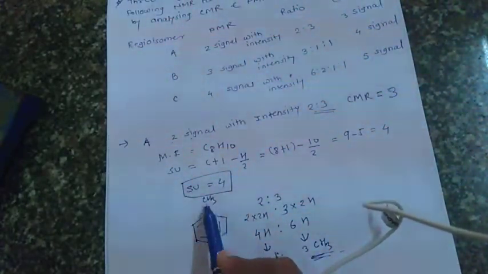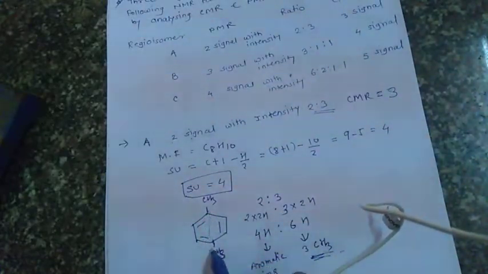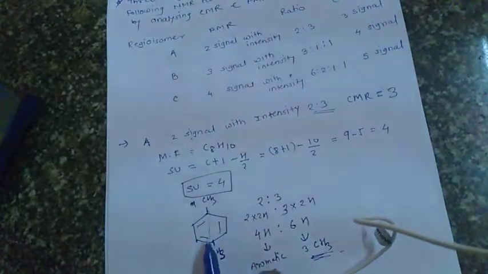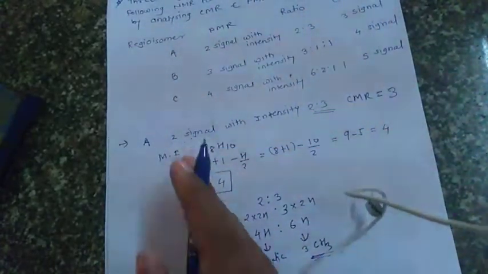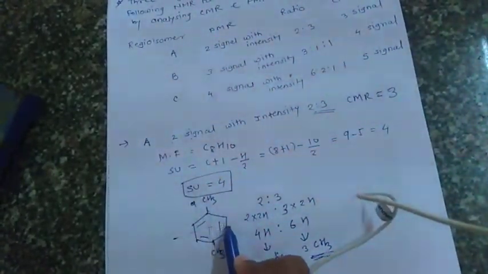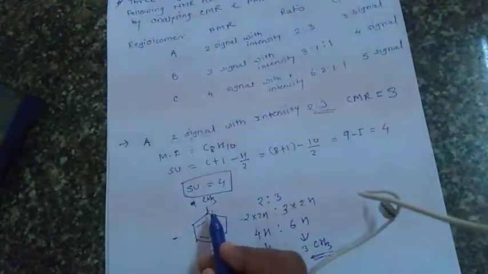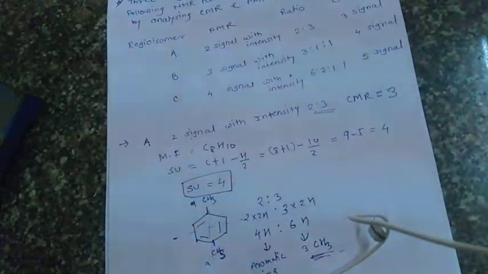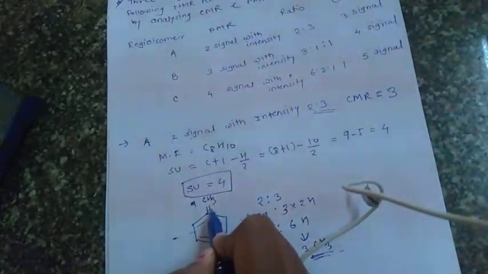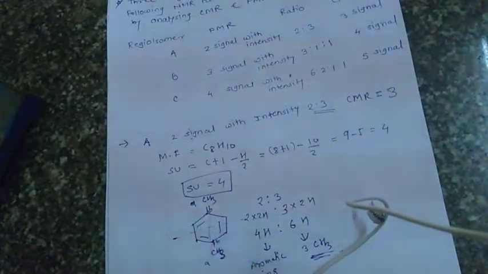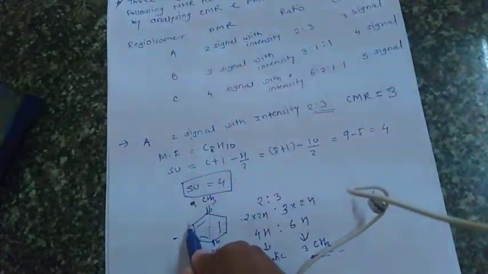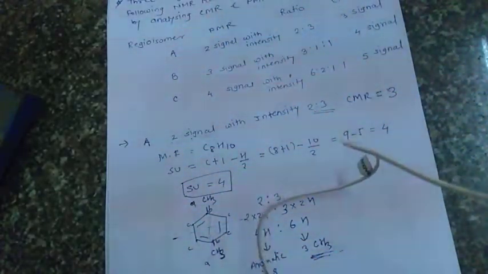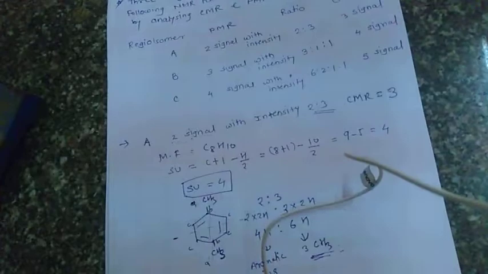If we take a plane like this, the CH3 gives A type of signal. This is the plane of symmetry on this side and also a plane of symmetry on this side. That's why this carbon shows A type of signal and this also shows A type of signal. This carbon shows B type of signal, this carbon also shows B type of signal, and all these carbons have C type of signal.